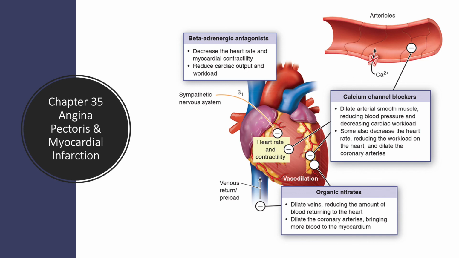Okay. And remember, stable angina is just a plaque that's blocking more blood supply down the coronary artery, compared to unstable angina or a heart attack, which is under the umbrella of acute coronary syndrome, ACS.